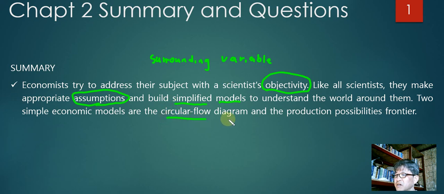The circular flow diagram and the production possibility frontier, okay? The circular flow diagram is very simple, but very basic and important. It shows how the economy works. In this diagram there are two entities, household and firm.